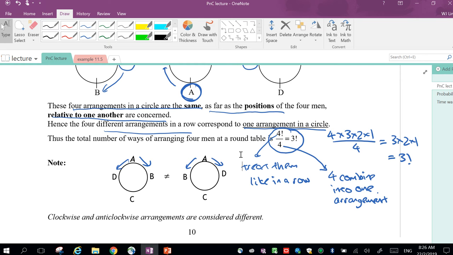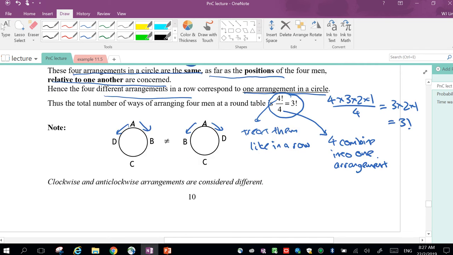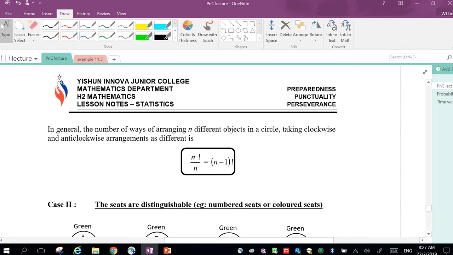Perfect, you all are able to make circular. So that is one way. In general, this is important: arranging n different objects in a circle, taking clockwise and anti-clockwise directions as different, is n factorial over n. So highlight this whole thing for the next page.